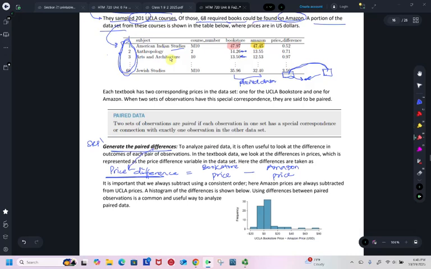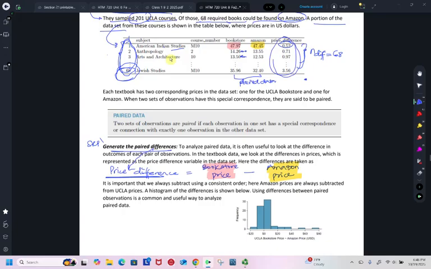I will get the price difference for each book. So at the end of the day, I will end up with 68 differences in values. This price difference comes from these two.